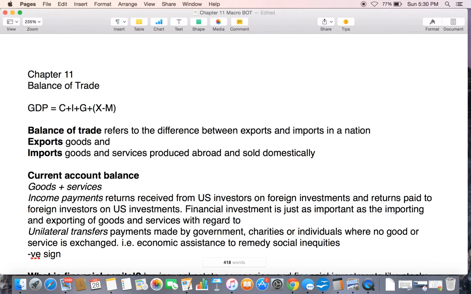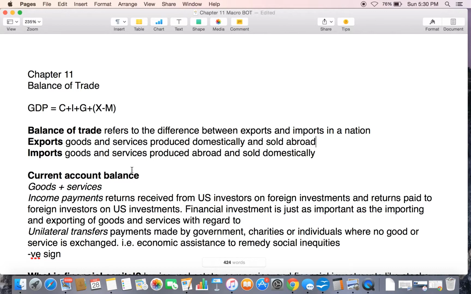So within this function, we define the balance of trade as the difference between exporting and importing. So this is the exporting and importing of goods and services. So those goods and services that are exported are goods and services that are produced domestically and sold abroad.